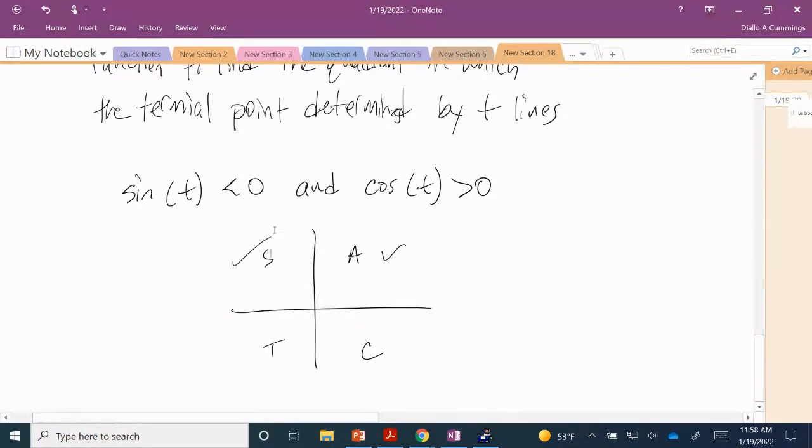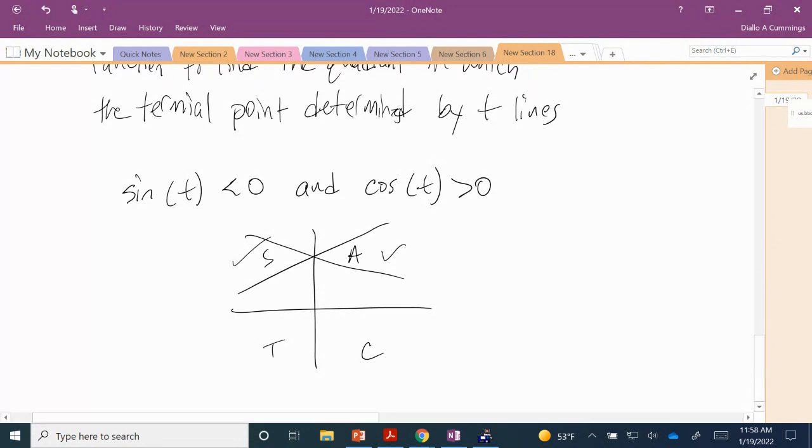The sine is negative in quadrant 3 or in quadrant 4. So by the process of elimination, I'm going to cut out the first two quadrants, because the sine can only be negative in the third or the fourth quadrants. So only the third and fourth quadrants can satisfy the first condition.